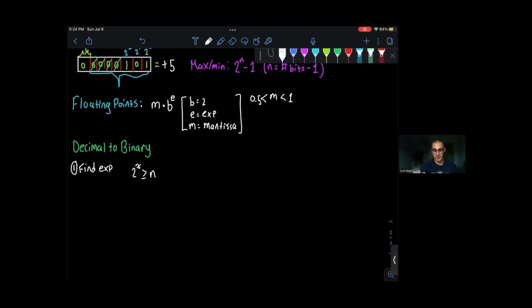Let's try to find the exponent. What we have to do is take the natural logarithm of each side in order to bring down our x. From here, we divide the right side by ln 2.